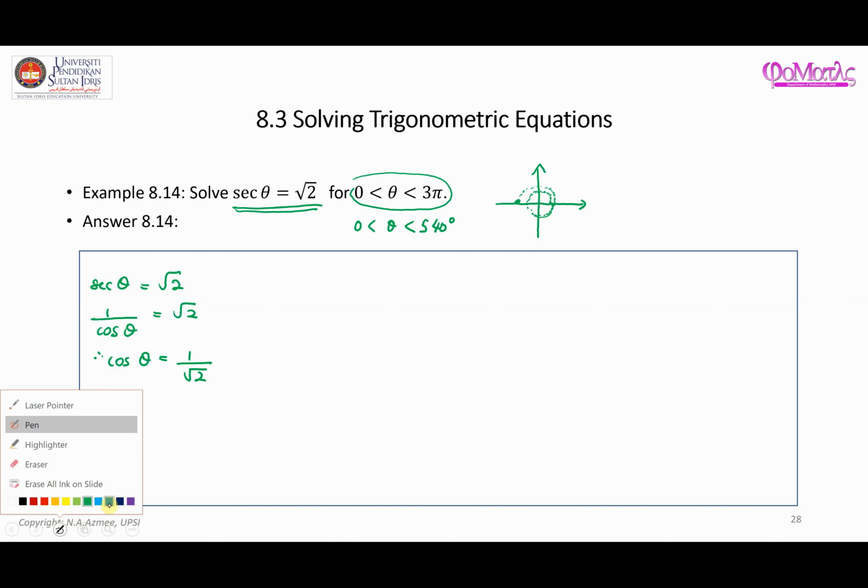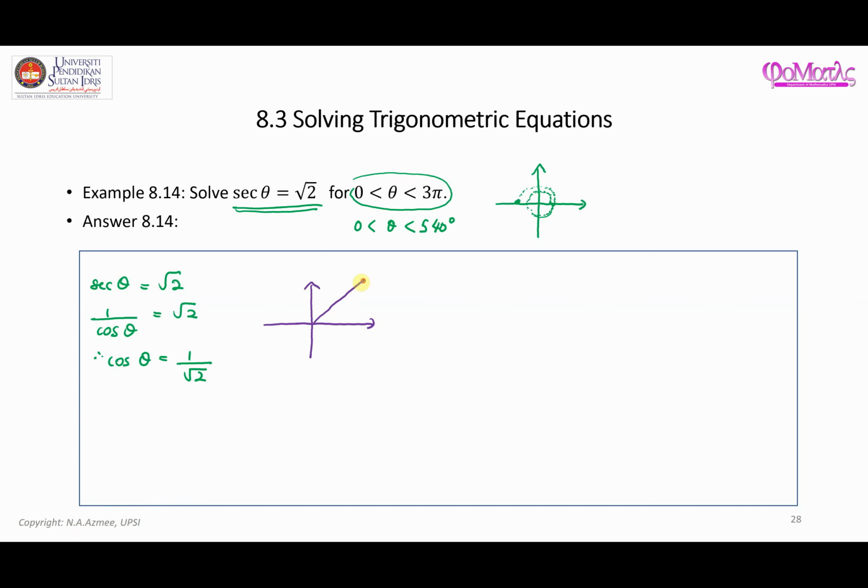Therefore, based on what you have learned about quadrants and so on, you know that our theta will be either on this quadrant, which is where the cosine of theta is 1 over sec 2, or it is going to be on this quadrant. So what is theta?